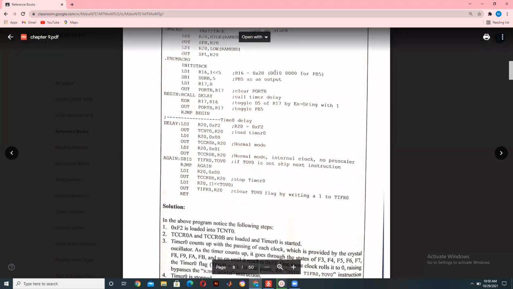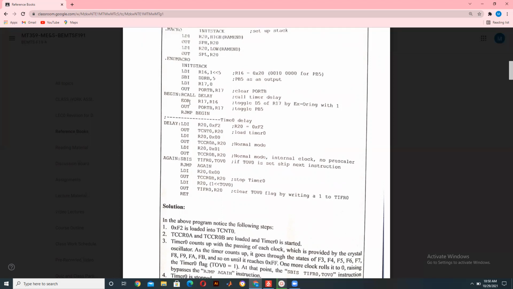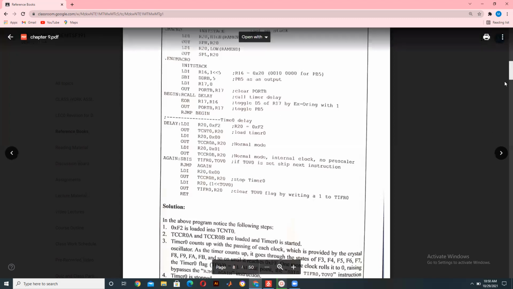So we would be XORing this one with this one. The XOR statement is written as EOR. Then the result of this XORing would be output at port B, and then we would jump back to the beginning.